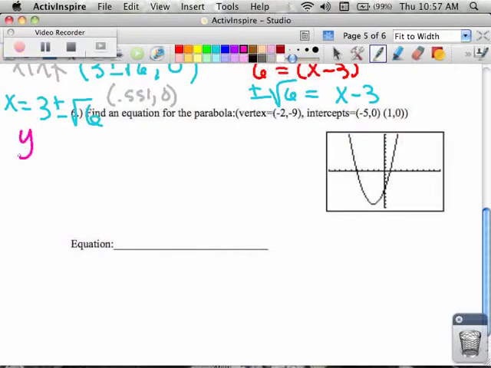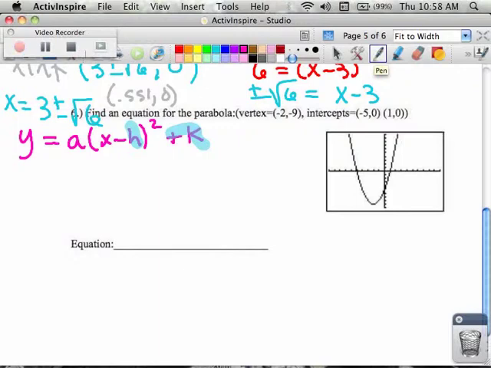Alright, standard form of any parabola is y equals a parentheses x minus h squared plus k. And kind of the cool thing is, if I'm looking at this, I know that my vertex is the h, k stuff. In this problem, they tell me the vertex.